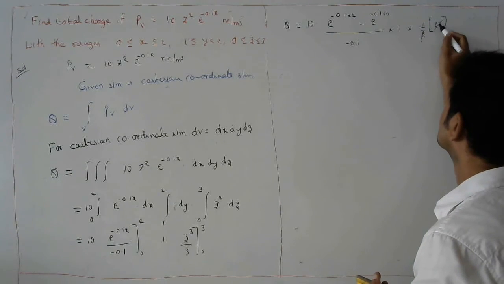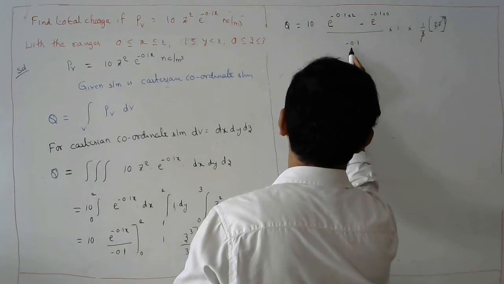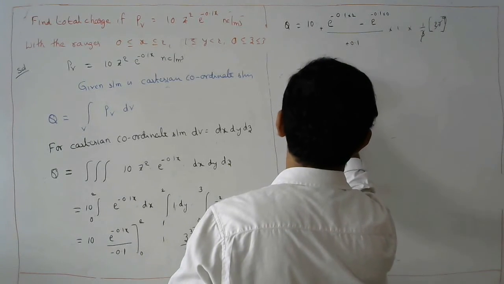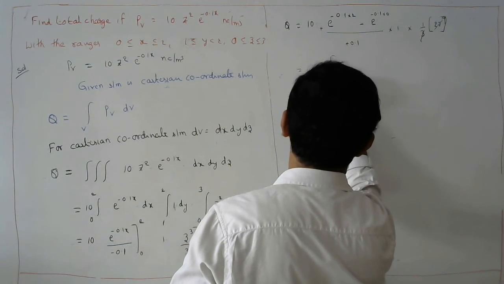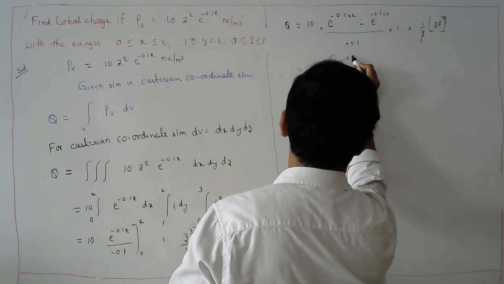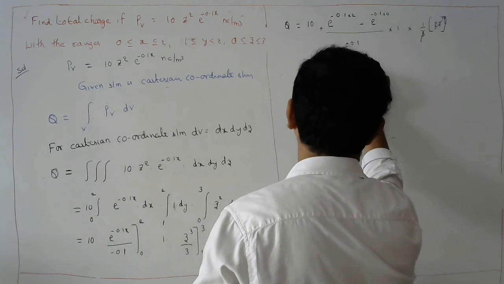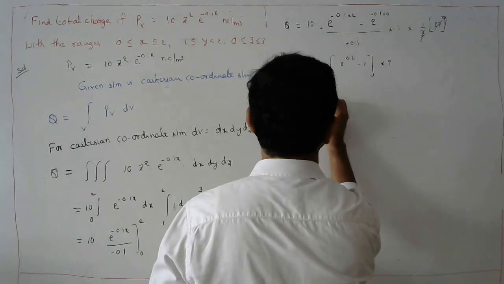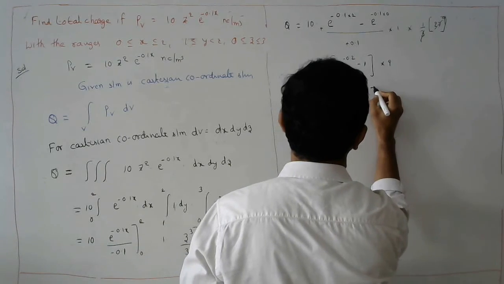So 3 ones are 3, 3 nines are 27. The minus sign will cancel with the minus in the denominator. So 10 by 0.1 is 100, into e to the power of minus 0.2 minus e to the power of 0. Anything to the power of 0 is 1. So 1 into 9 gives 900 into e to the power of minus 0.2 minus 1.